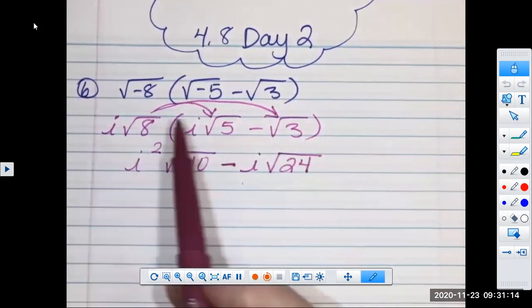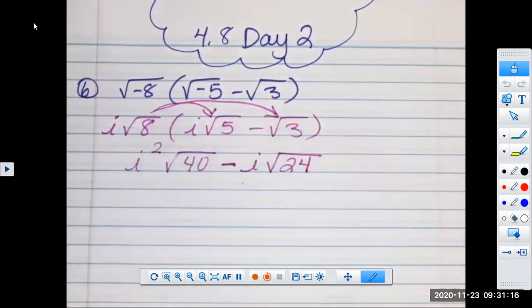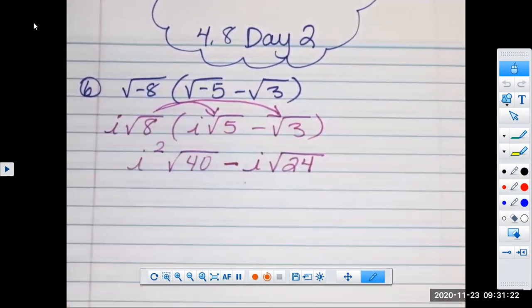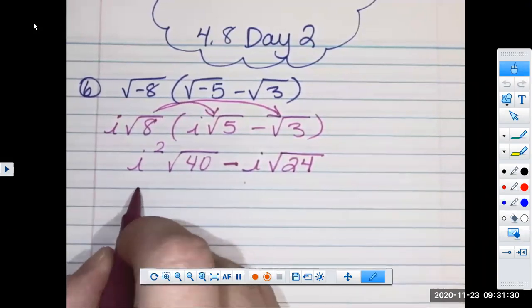When you're multiplying radicals, you multiply the numbers underneath. If you were adding or subtracting radicals, they would have to have the same number underneath, and you would treat them like x plus x equals 2x. But we'll get there in a little while. Remember that i squared is -1.